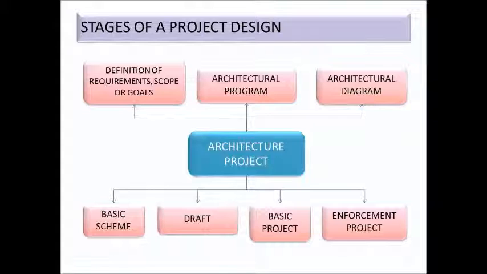And the final stage, the enforcement project, which features the set of plans, text, and plans of ground, foundation, structure, installations, finishing details, urbanization, construction details, and budget, with determined measurements and unit costs.